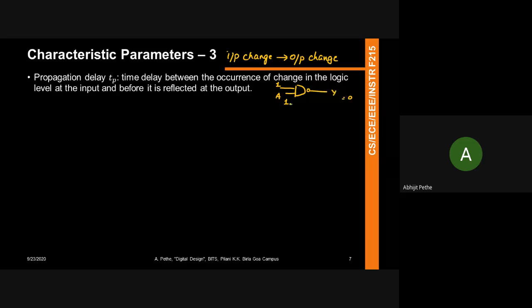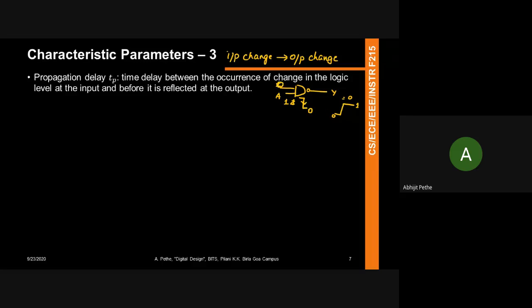When A switches from 1 to 0, this is how I denote a switch, then my output switches from 0 to 1. And so the time difference between this and this gives you the propagation delay of the circuit.